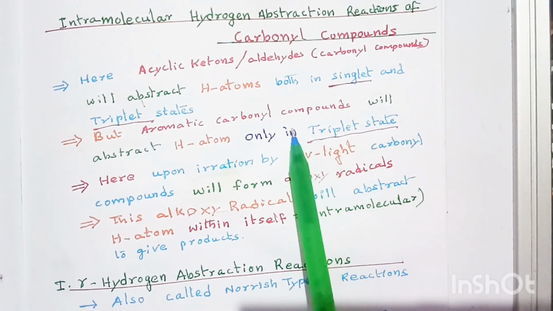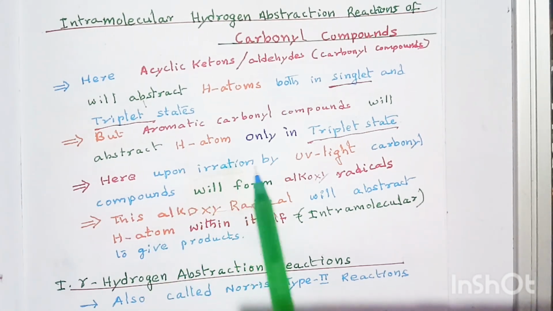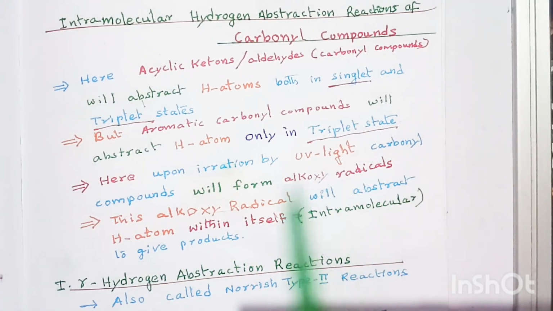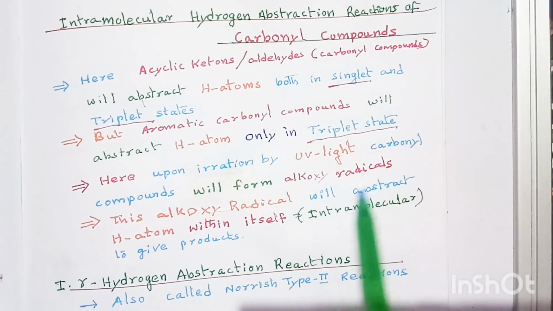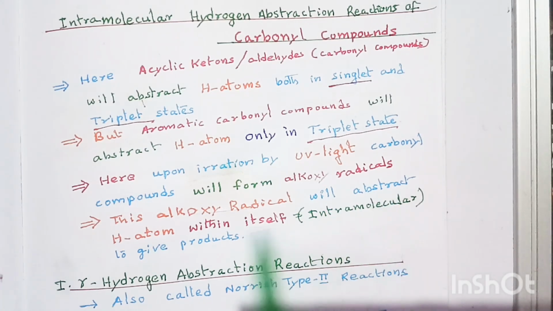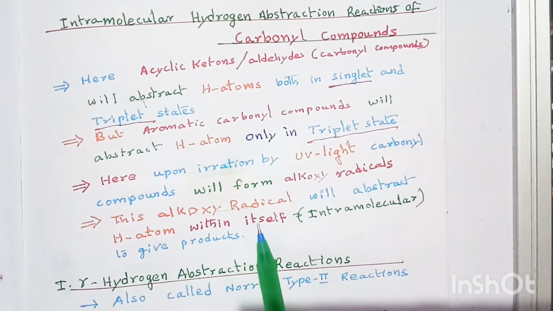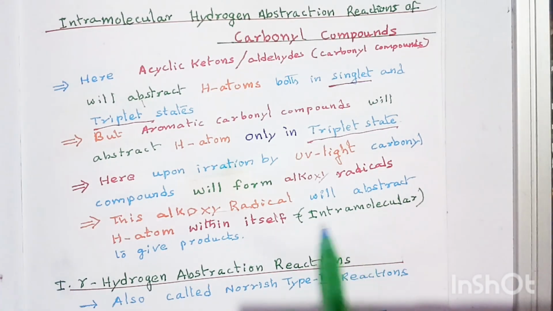So this point has to be noted. Upon irradiation by UV light, carbonyl compounds will form alkoxy radicals. This alkoxy radical will abstract H atom within itself, that is intramolecular, to give us products.